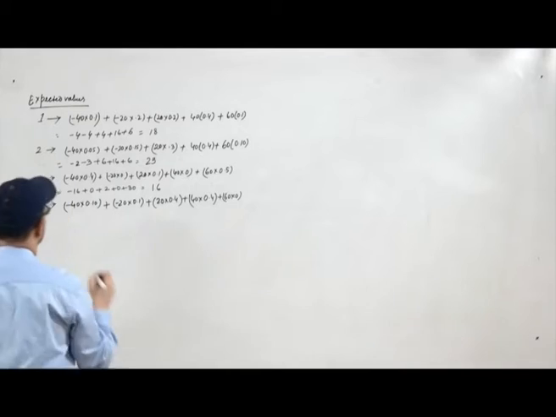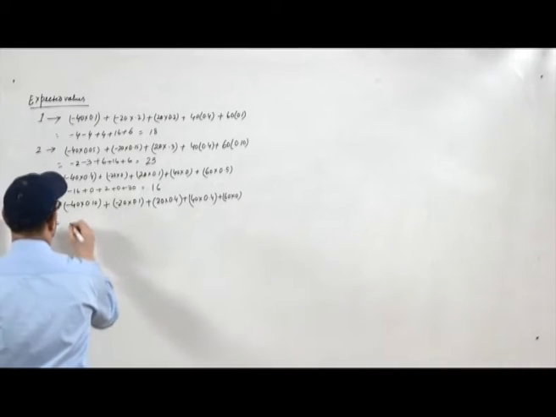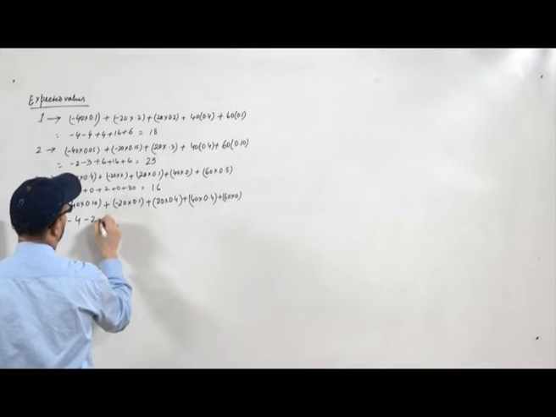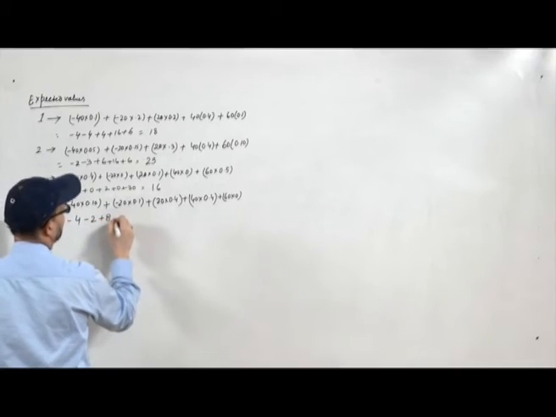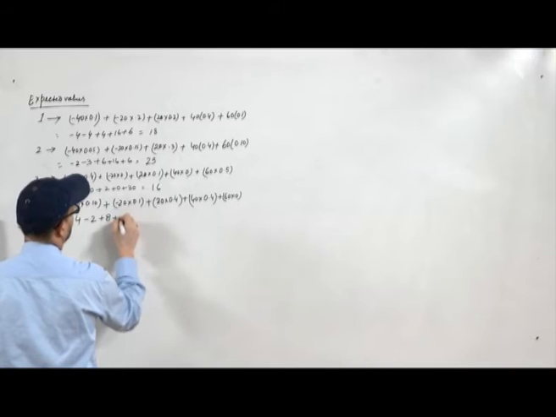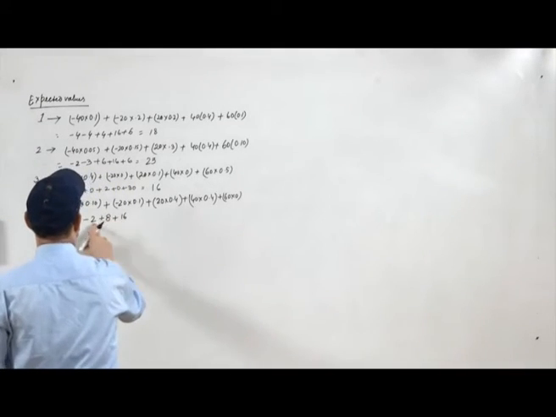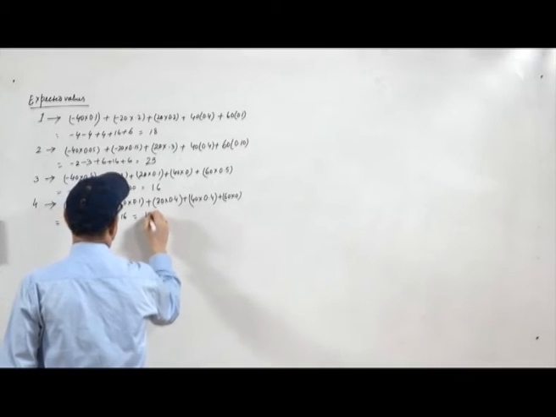So, this will be equal to minus 4 minus 2 plus 8 plus 16. So, 24 minus 6, that is 18.